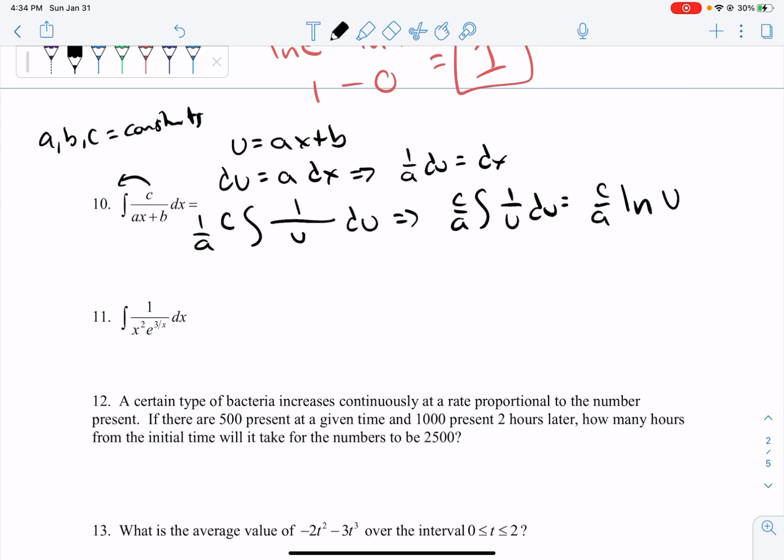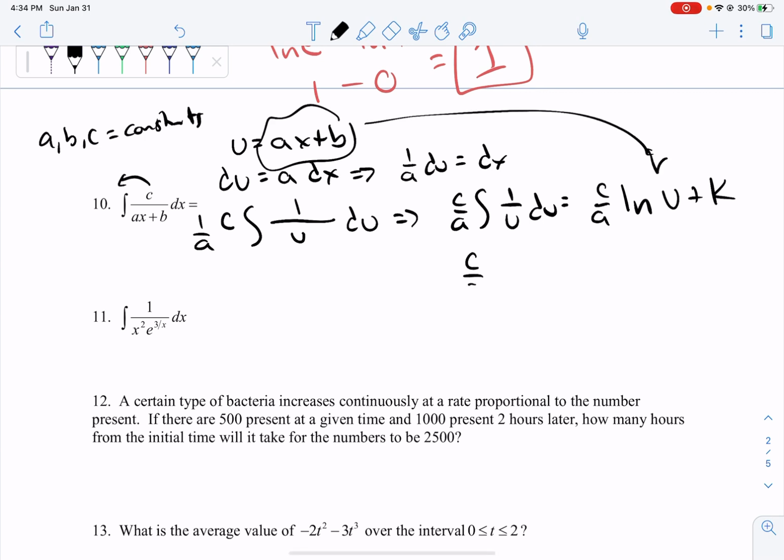And we have a constant. I'm not going to use little c. We're going to use k because I'm already using c somewhere else in my problem. And then u, just remember to plug back in what u equals. So I'm going to get c over a natural log of ax plus b, and then I've got some constant k.